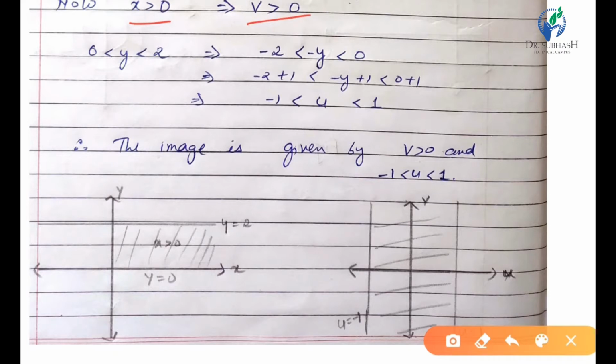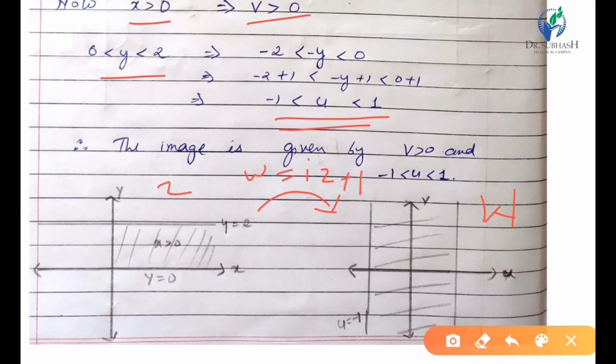And for 0 less than y less than 2, for the strip, we again get a strip here as minus 1 less than u less than 1. So now we will transform this. This is z plane and this one is w plane.